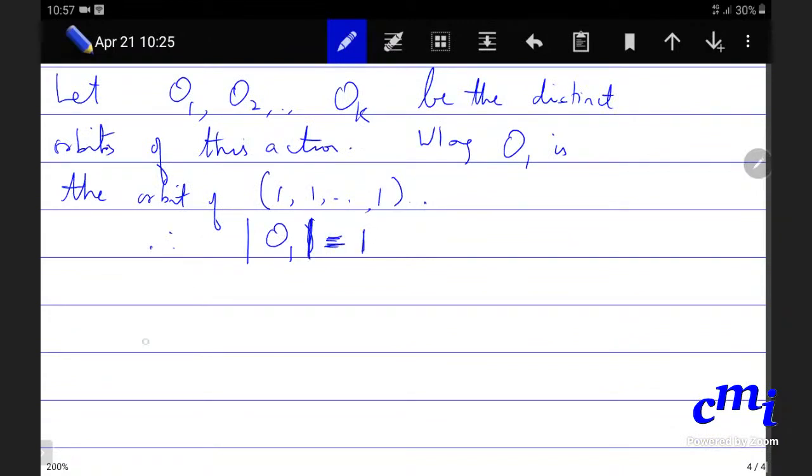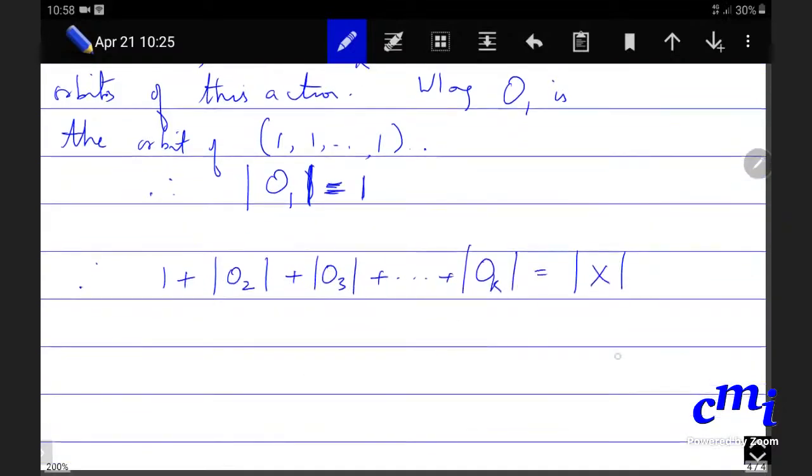Okay. So therefore, we get 1 plus the cardinality of orbit 2 plus orbit 3 plus and so on, up to the cardinality of orbit k, equals the cardinality of X. Now this is divisible by p. This is not divisible by p.